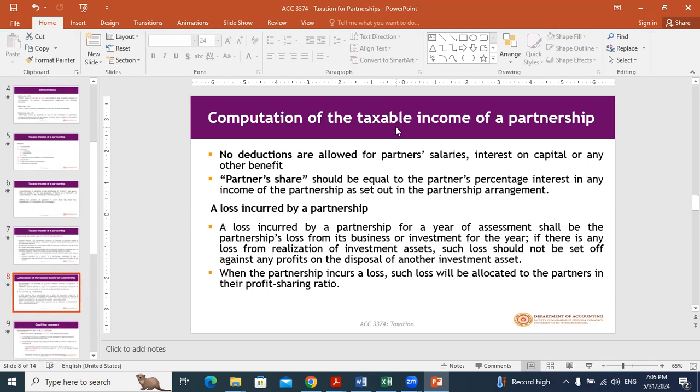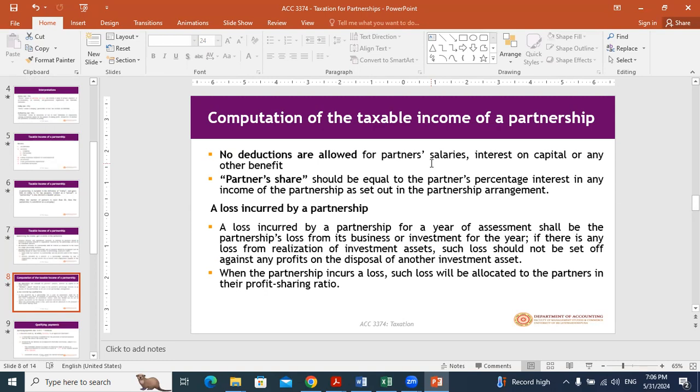Next one, computation of taxable income of a partnership. No deductions are allowed for partner salaries, interest on capital or any other benefits. Say it's something like this. Let's say there's a partnership with a net profit of 10 million.